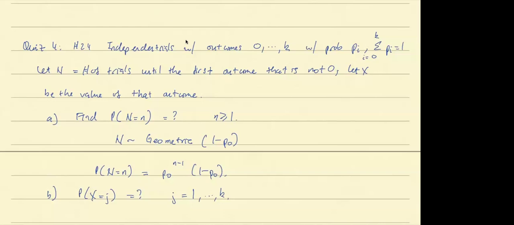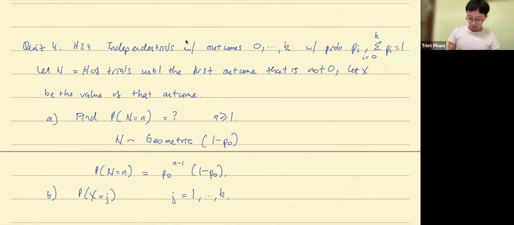Pj over 1 minus P0. That's correct. It sounds like Pj, but if you think carefully, that's not correct, because the sum of the Pj from 1 to K cannot be 1. So it's sort of conditional here. X is some kind of conditional distribution, which is the topic of the next section.